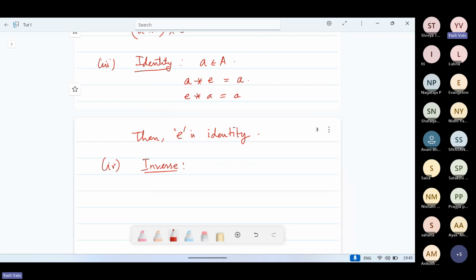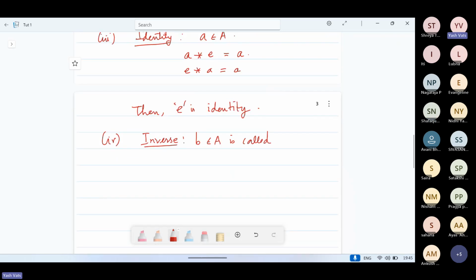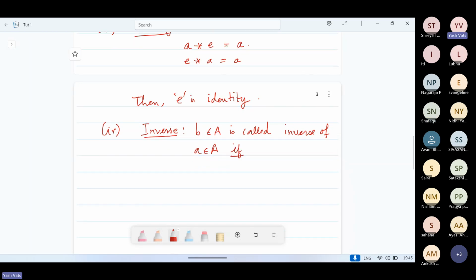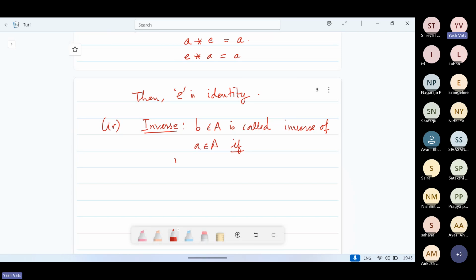If you have a in A, b in A is called the inverse of a in A if b star a is identity or a star b is identity.